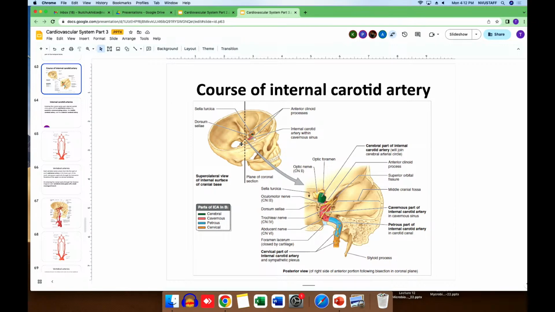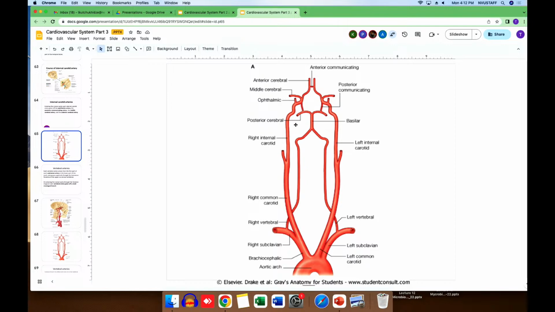And entering the cranial cavity, each of the internal carotid arteries branches into several outpouchings. For example, they give us the ophthalmic artery, the posterior communicating artery, the middle cerebral artery also, and the anterior cerebral artery.